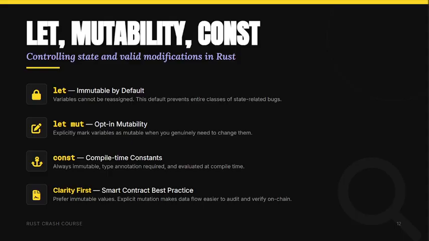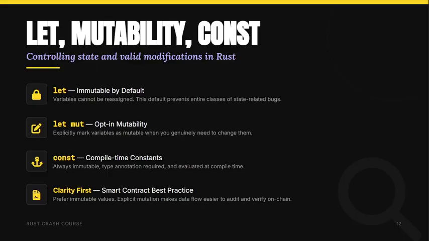Now let's start actually writing Rust code. Let's talk about variables. And this is where Rust already starts to feel different from other languages. In Rust, variables are immutable by default. That means it cannot be changed by default. That might sound backwards if you're coming from Python or JavaScript.